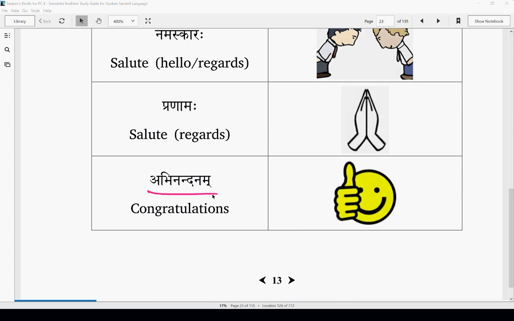But literally what it means in English, I do not know. But here, abhinandanam: nandanam means what? Nandanam is joy. We are happy about something. So this nandanam word indicates joy. You are happy. Abhi indicates towards. We are happy or joyous towards something. So that is abhinandanam.